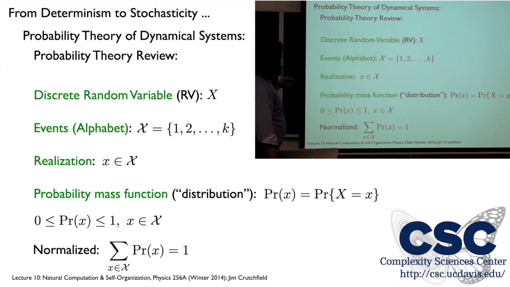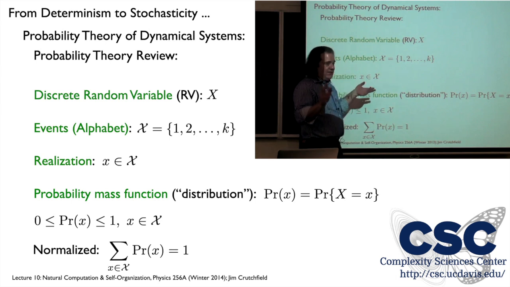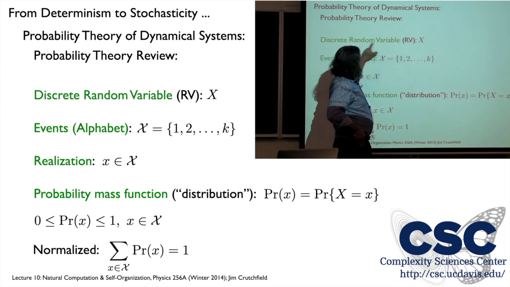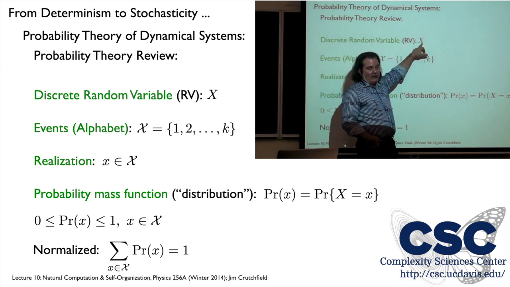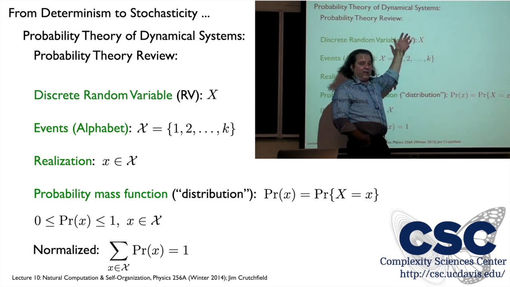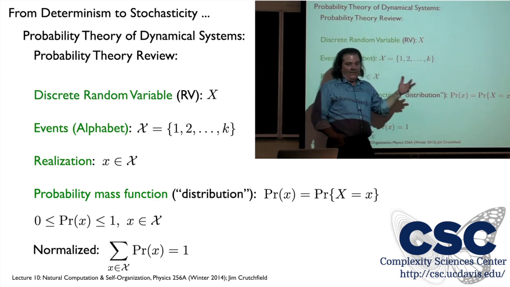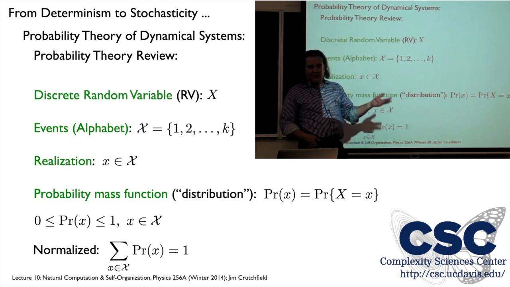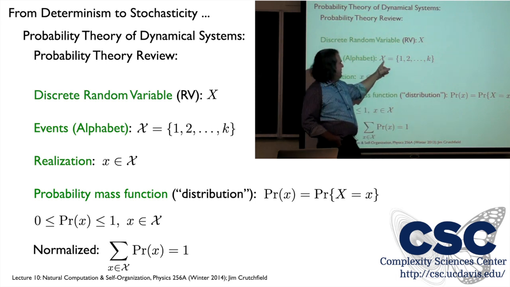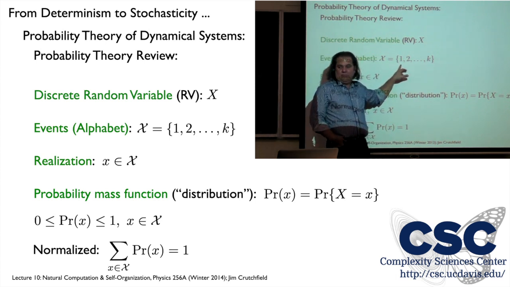Okay, so just to get started here, 2 cases, discrete case and continuous case. We're going to denote a discrete random variable with capital letters, typically X and Y and Z. The idea is that as we look at the system, events occur, so-called events. Those events are labeled out of some alphabet. Could be K different events, could be rainy, not rainy, could be sunny, not sunny, could be heads and tails.